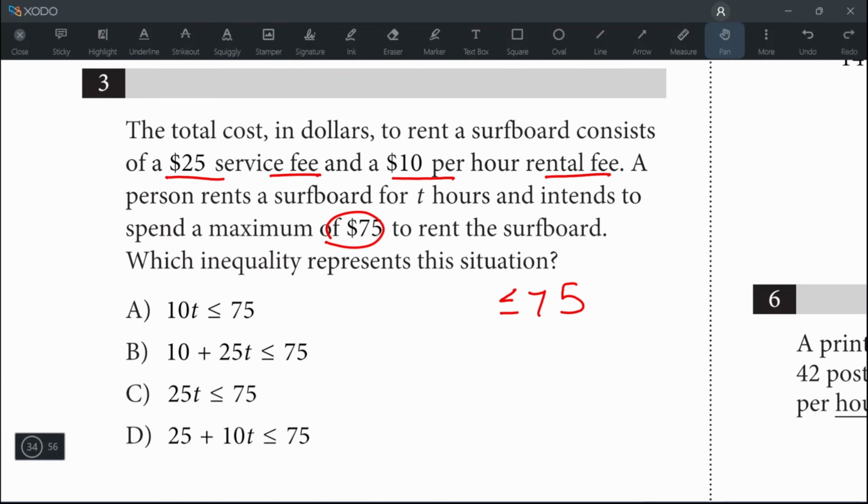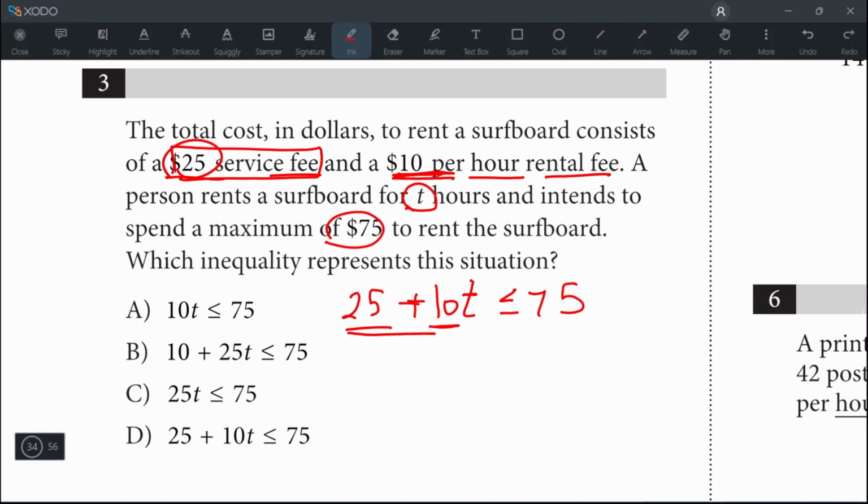Now we know that the surfboard rental consists of a $25 service fee. So there's a fixed amount of $25. In addition to that, we have another amount which is $10 per hour. So we have $10 per hour, and he says that time is represented by t. So we'll have $25, which is a fixed amount, plus $10 multiplied by the time, which is t, the number of hours, right?